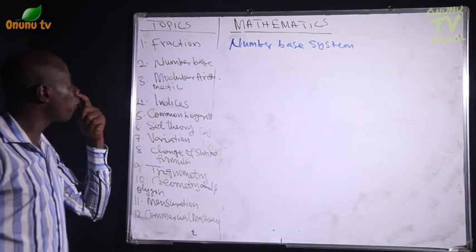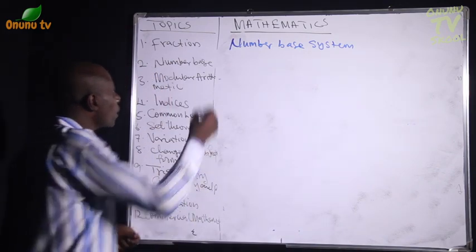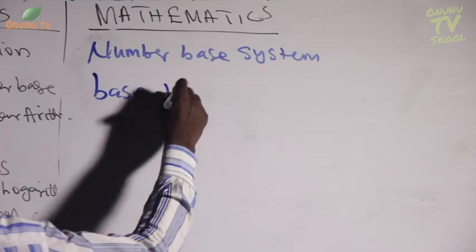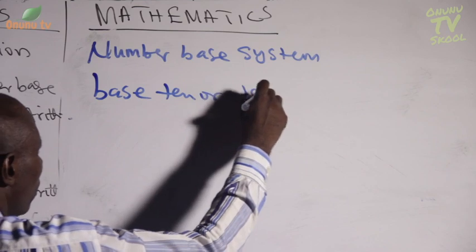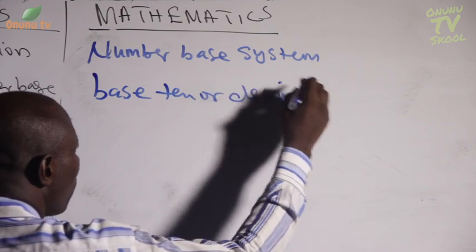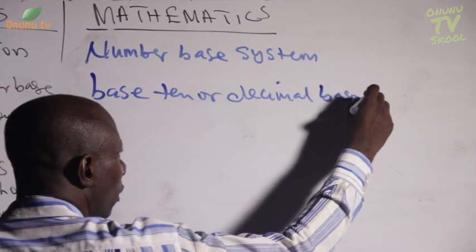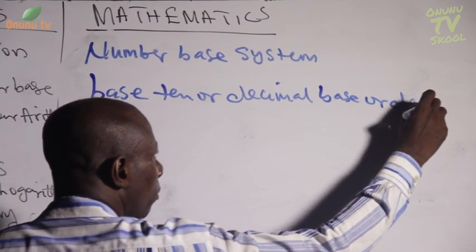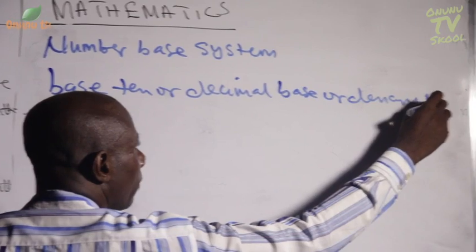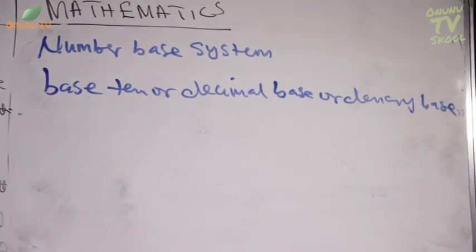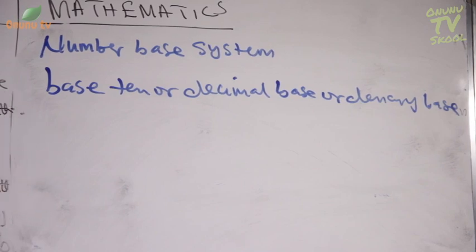So now, of all the number bases, the base 10 system, otherwise known as the decimal base system, or we say denary base in some books, is the most popular. It is said that it was developed by the Hindu Arabic, probably because human fingers are 10.